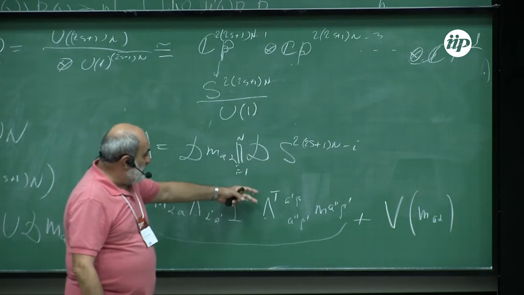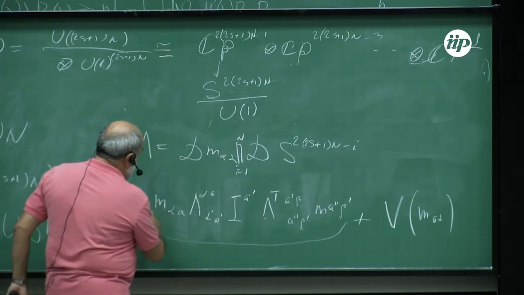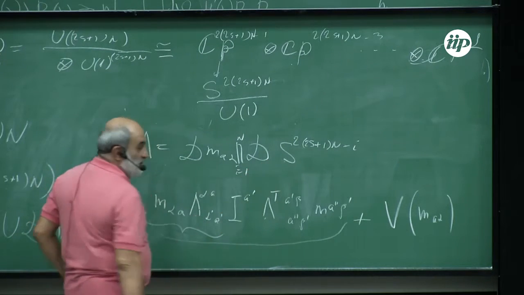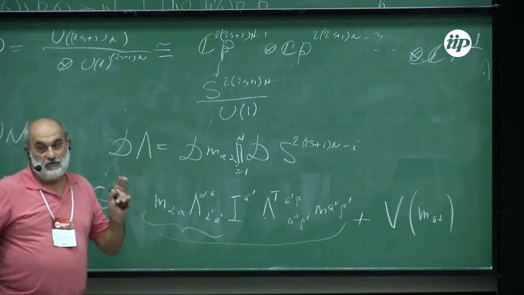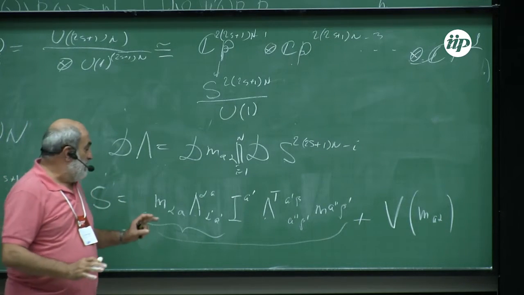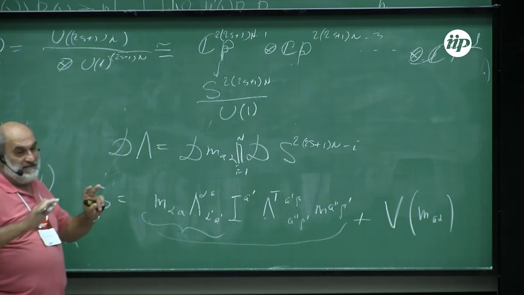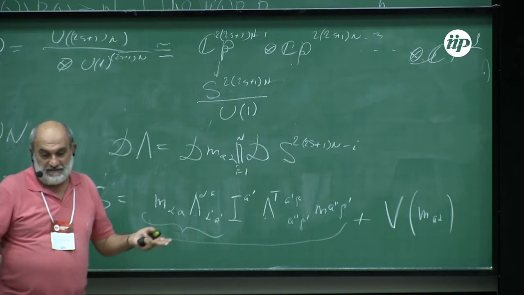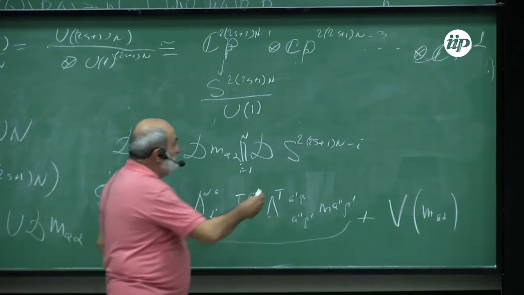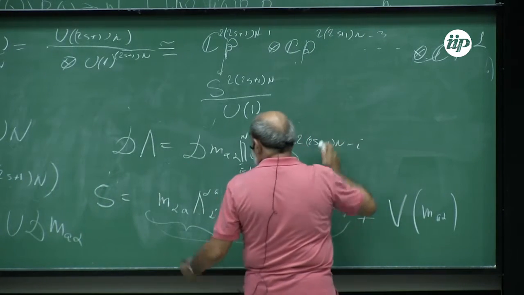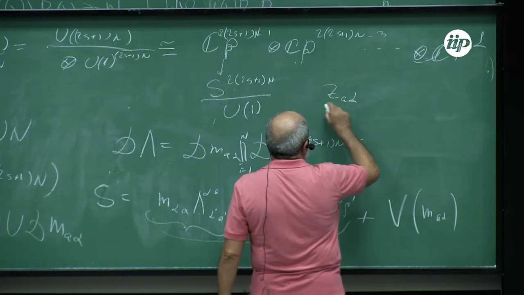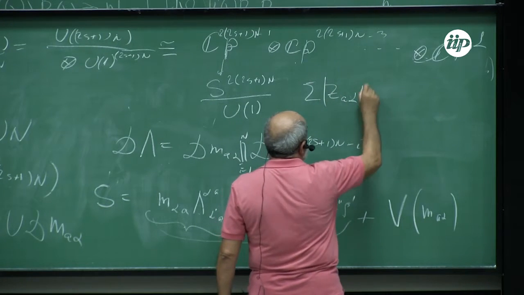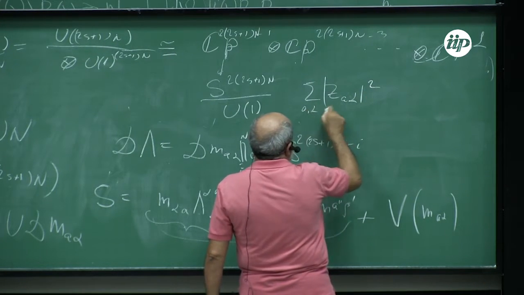So then we can replace these elements from this space as sphere elements, and replace these sphere elements, as is normal, by a delta function. Introduce a parameterization of these elements as z alpha a in such a way that the sum of the modulus squared over alpha and a is equal to 1.